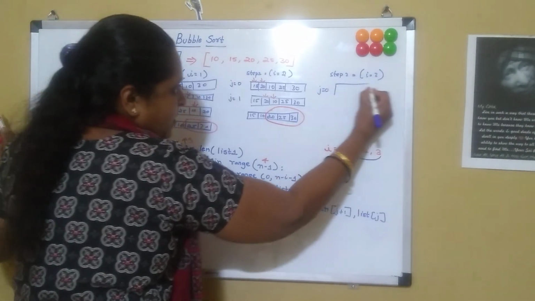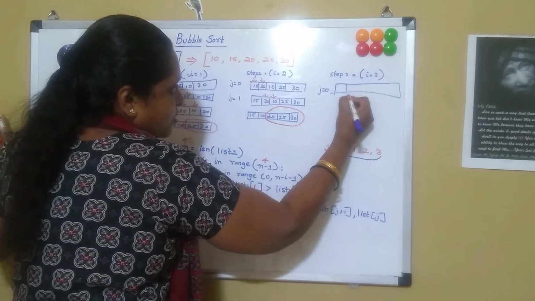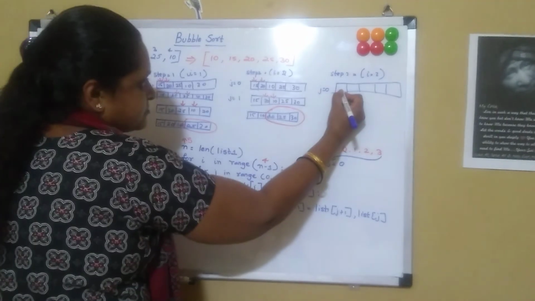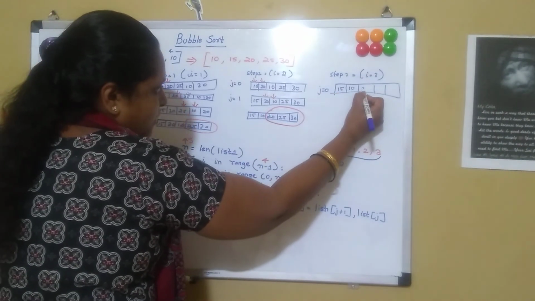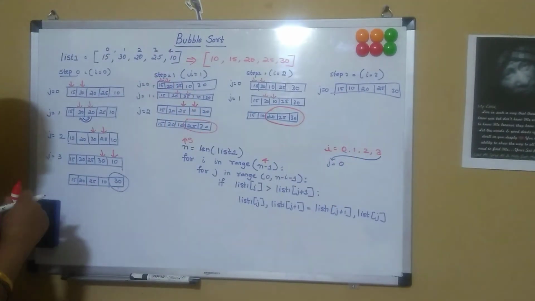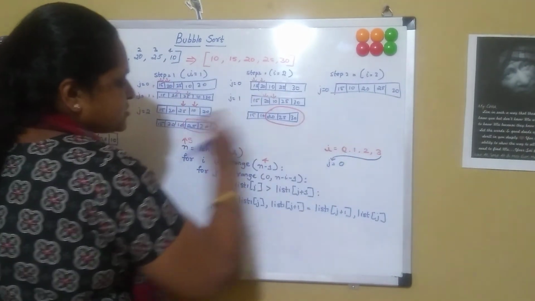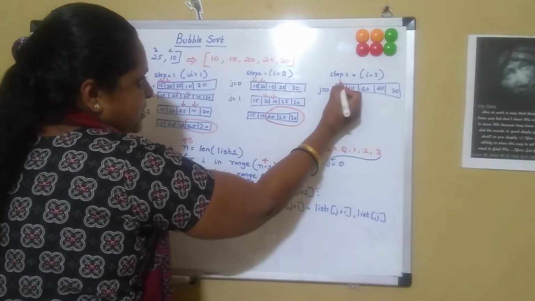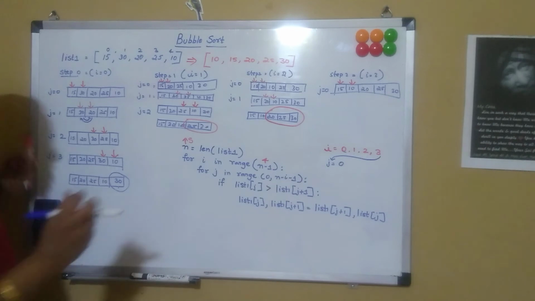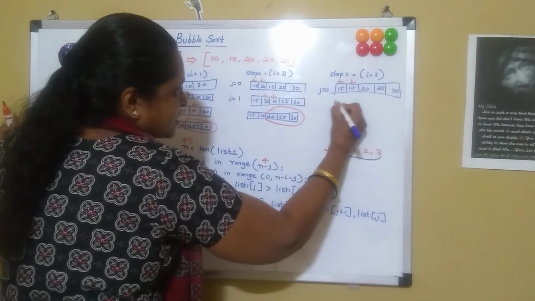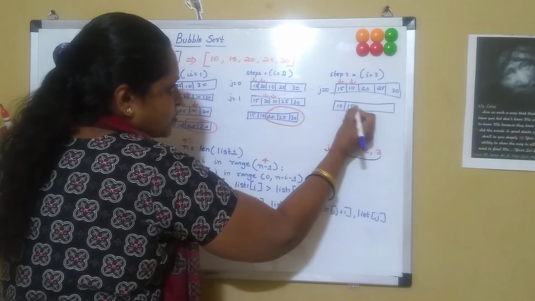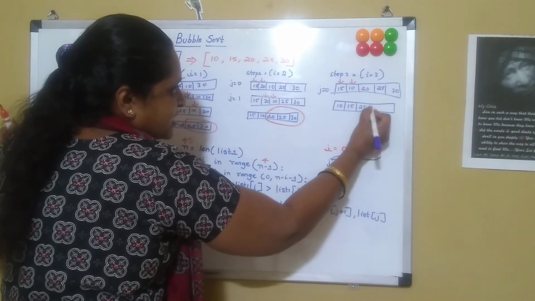So the output we got previously was 15, 10, 20, 25 and 30. And for j equal to 0, it will again check from the beginning, 15 and 10. 15 is greater, so it will do the swapping. 10 will come here, 15 will go to the next position, 20, 25, 30.